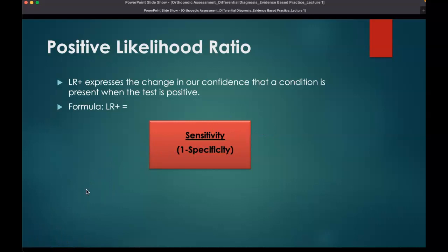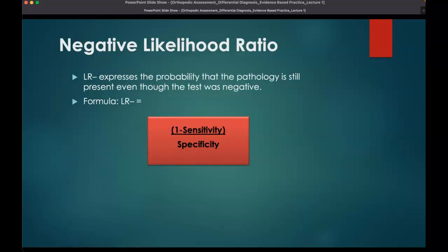So hopefully you got that, right? A highly specific test, when positive, will rule in the condition, and then we look at the positive likelihood ratio to tell us how likely it is that that patient actually has that pathology. So positive likelihood ratios are usually linked with specificity tests.